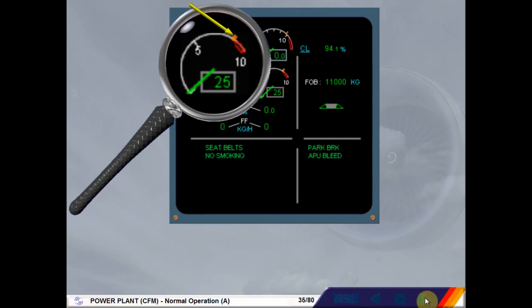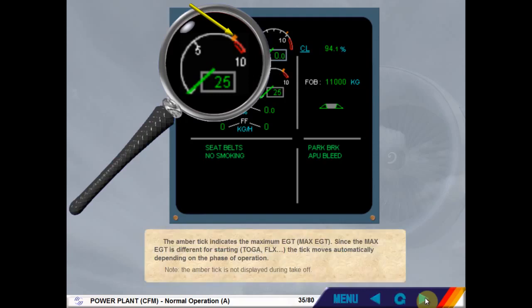The amber tick indicates the maximum EGT. Since the max EGT is different for starting, TOGA, and flex, the tick moves automatically depending on the phase of operation. Note, the amber tick is not displayed during takeoff.